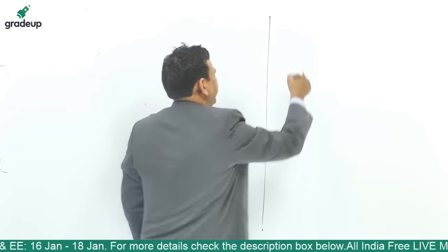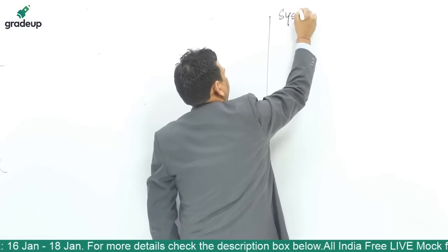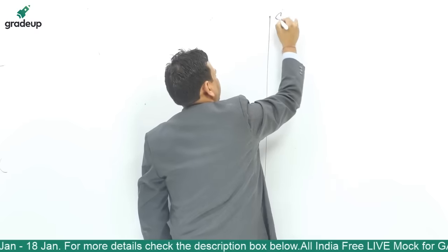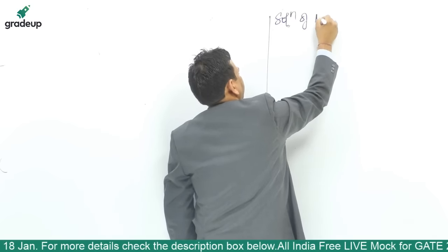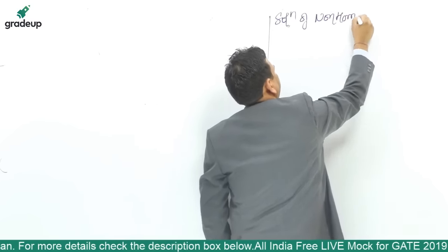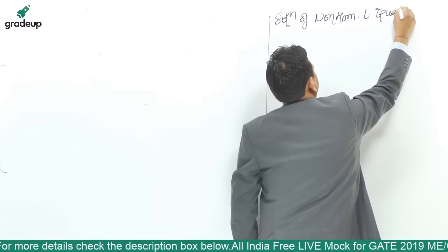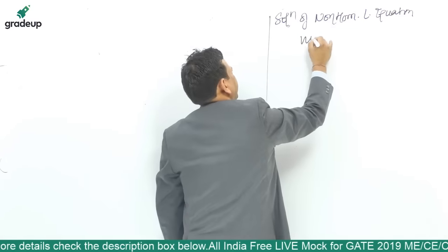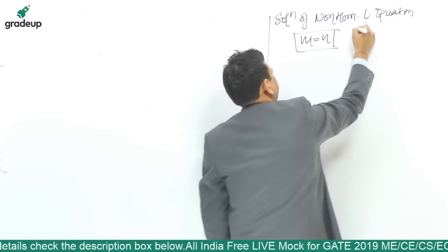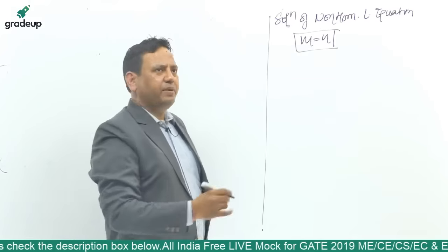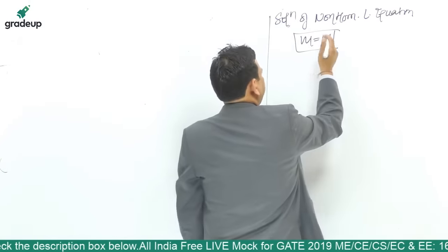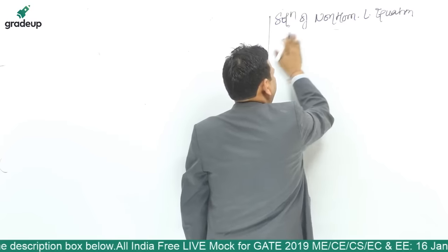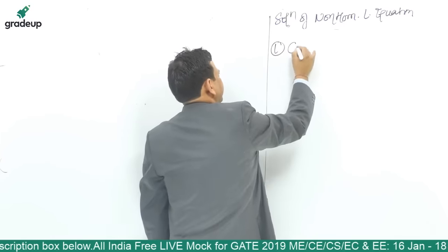So first thing, I am talking about the solution of a system of non-homogeneous linear equations. In the first case, m is equal to n, meaning the number of equations and the number of variables are the same. Or you can simply write it for any m or n. Now the first is the consistent solution.